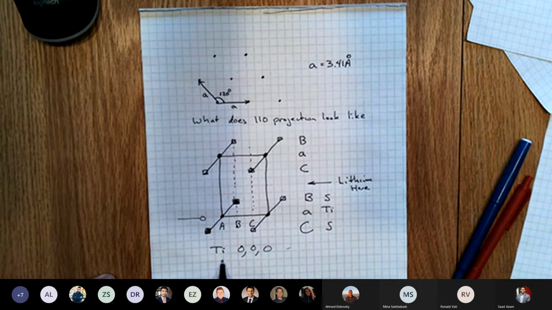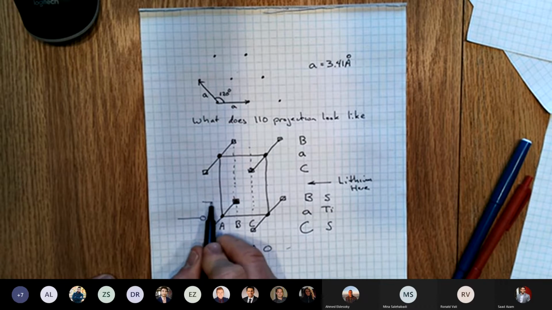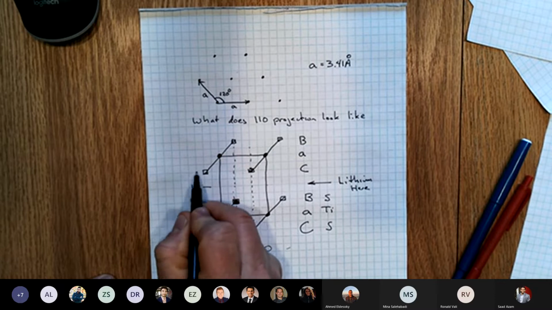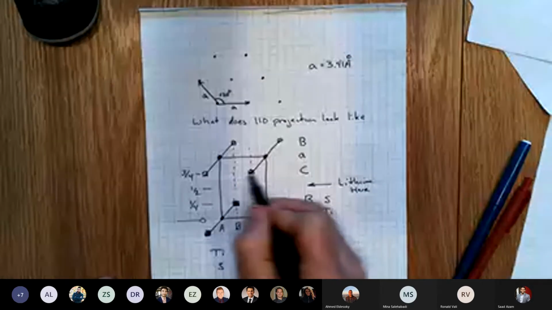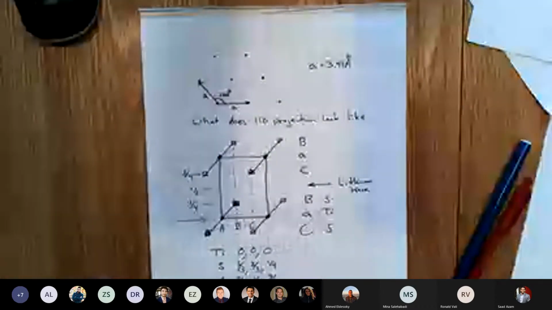The first sulfur here is on the B site, which is 1/3, 2/3. And how far is it up before the repeating cell? It's 1/4, 1/2, 3/4. So it's at 1/3, 2/3, 1/4. The other sulfur atom is up here on the C site at 2/3, 1/3, 3/4.